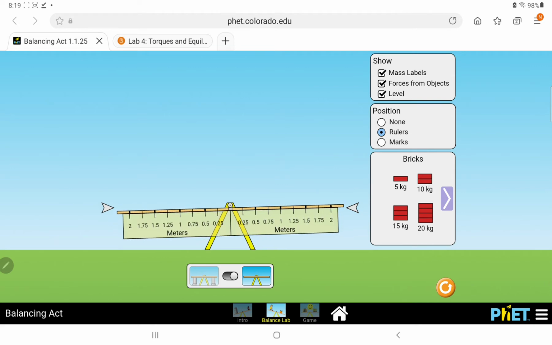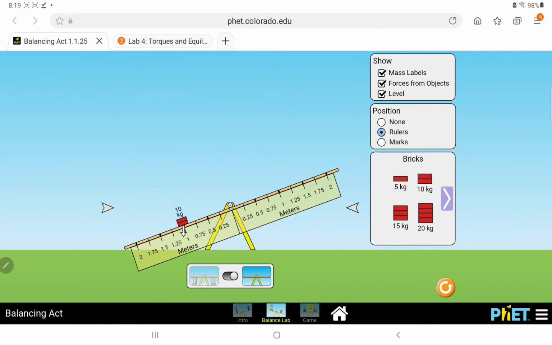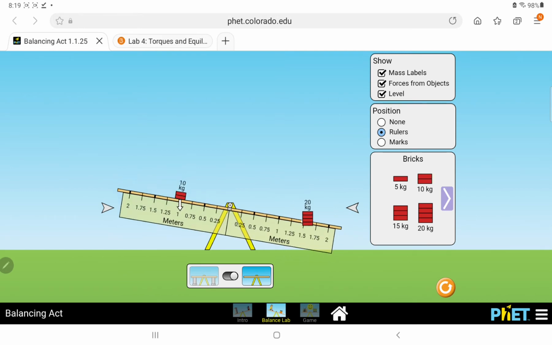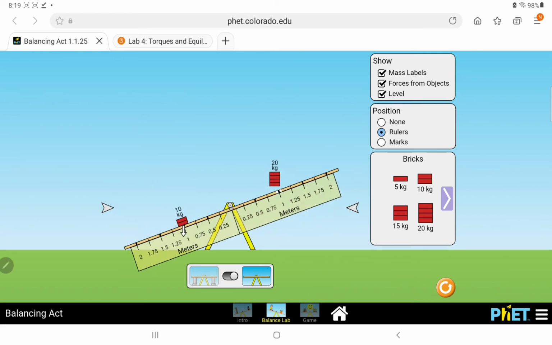At this time I'm doing just the opposite. The less mass I'm putting on the left, and more mass on the right, maybe I will pick up 20 kg and try to balance it. It is unbalanced. If I put it here, it is again unbalanced. Let me try here.